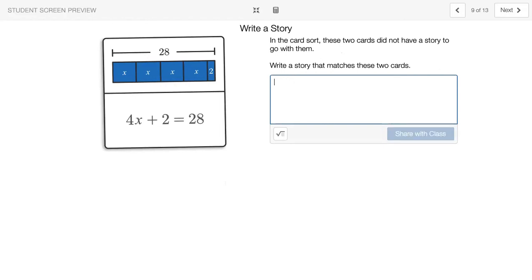So we could say I have 28 baseball cards all together. I keep the best two for myself and then split the rest with my best friends.